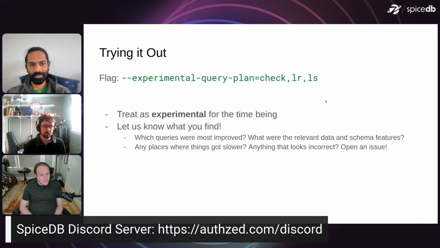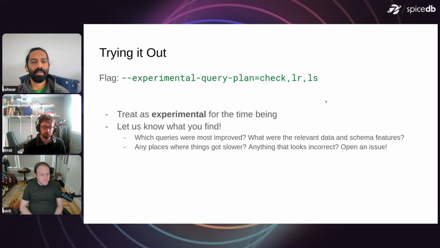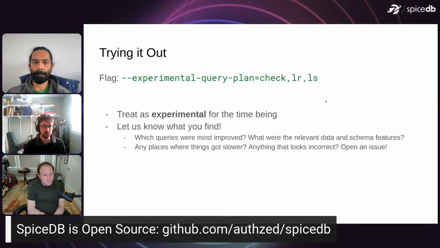If you think you've found a bug or another issue, then the SpiceDB issues interface is a good place to go. Same thing with the SpiceDB discussion board. If there's something where it would help to just paste a huge block of text, like, this is what's going on, this is my schema, this is my data, that kind of stuff. So yeah, let us know.